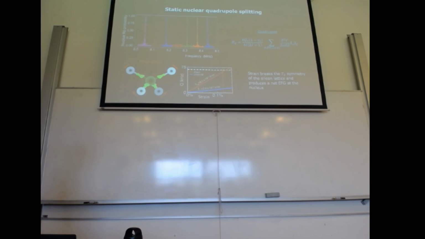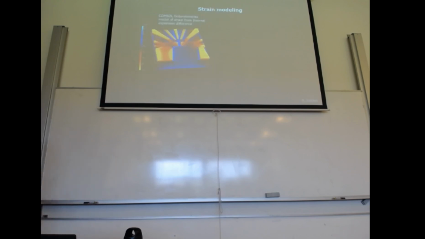And it is mainly the shear strain, so this type of strain where you bend the lattice, as you can see in this picture. I cannot really indicate it with my hands very well, but it is shear strain rather than the other strain component that we have. All right? Now, we did some estimations there. We observed in experiment a 68 kilohertz static splitting.